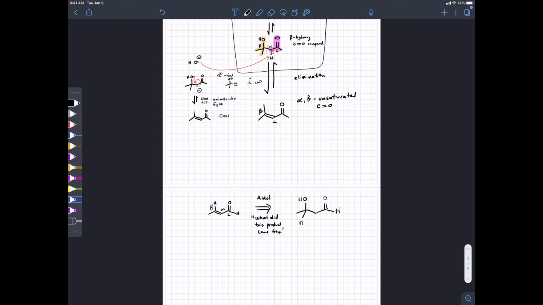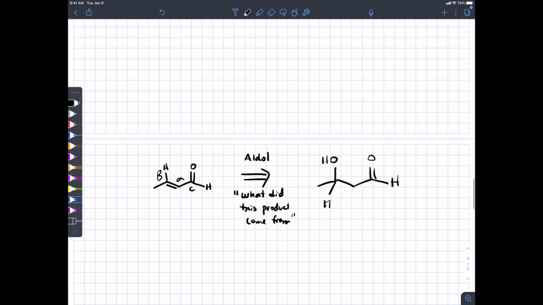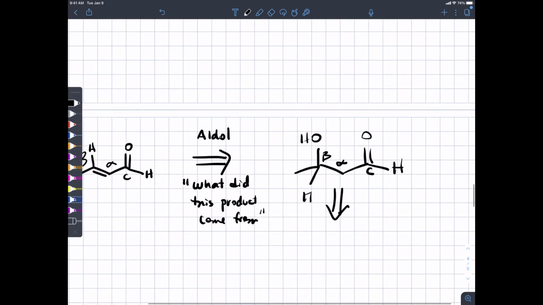Does that look familiar? Does that look reasonable? Okay. You're almost there. Now, what would the starting materials have been? Remember where this OH comes from.